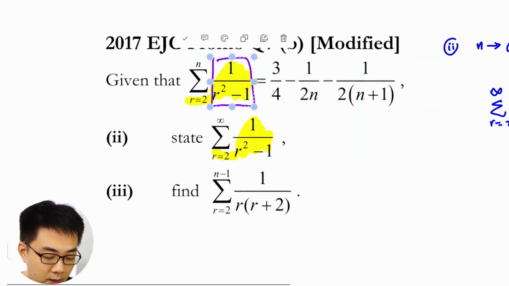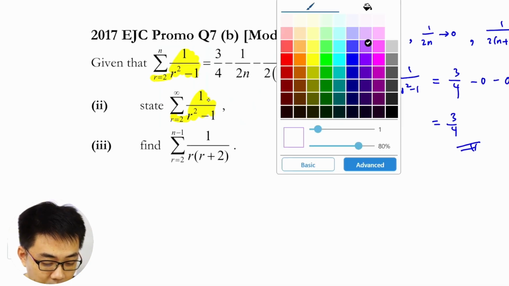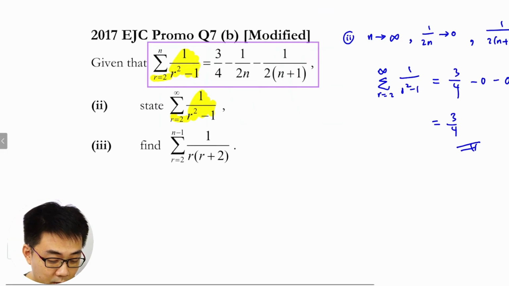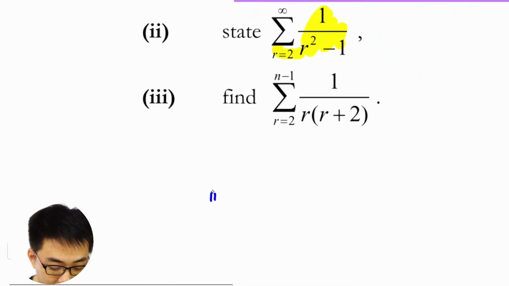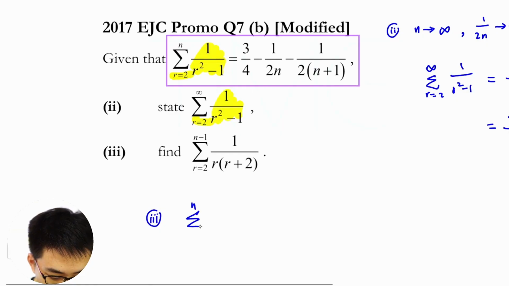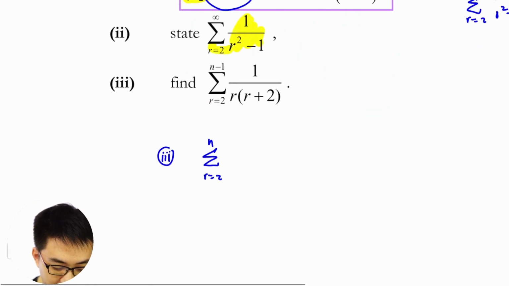So I'm just going to copy. Typically what I'll do is I'll just start from what is given in the question because we just work on from this. So, part 3 here. Now, I'm going to copy from the question, which is the sum for r equals to 2. So you know that this is not in factorized form. Of course, you factorize the bottom so that you make your life easier.